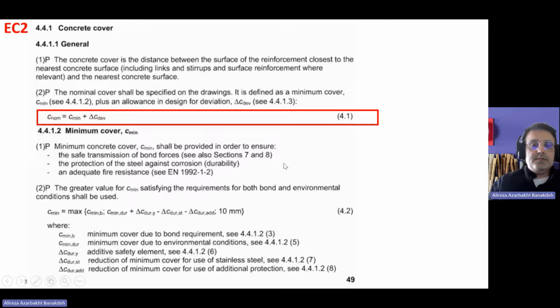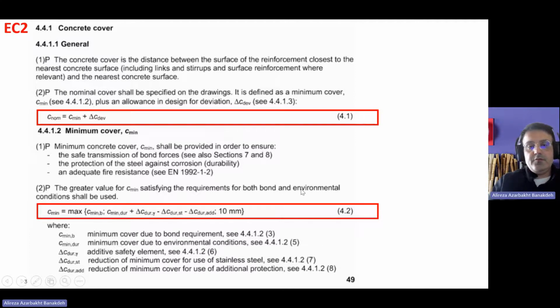And you have formula 4.2, which gives you the C min, and the C min is the maximum of some other parameters, as you see: C min,b, C min,dur plus three different delta C terms, and 10 millimeters.